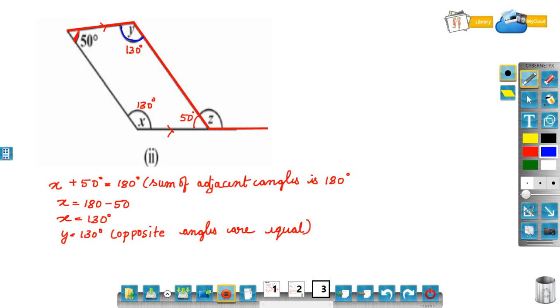Angle y is equal to z is equal to 130 degree. Z is equal to 130 degree because y is 130 degree. The reason is alternate angles are equal. So we found out the measure of x, y and z.